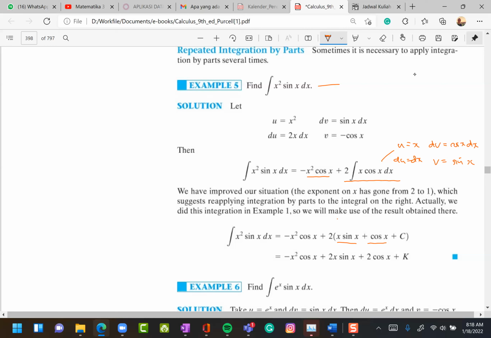Okay, so basically, let me write this down. x sine x minus the integral of v du, sine x.